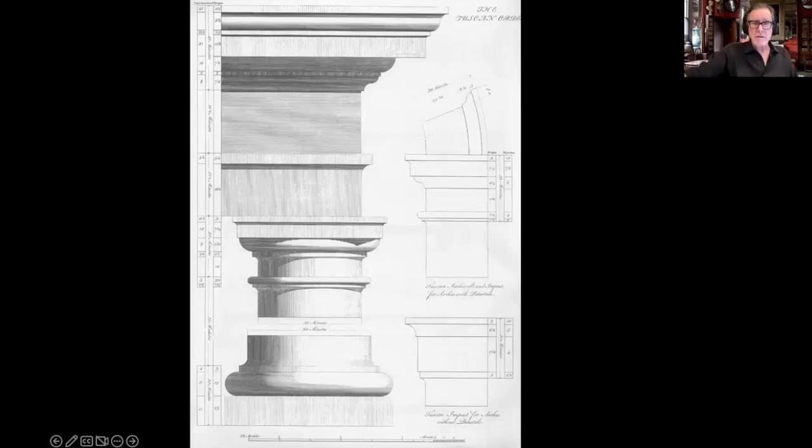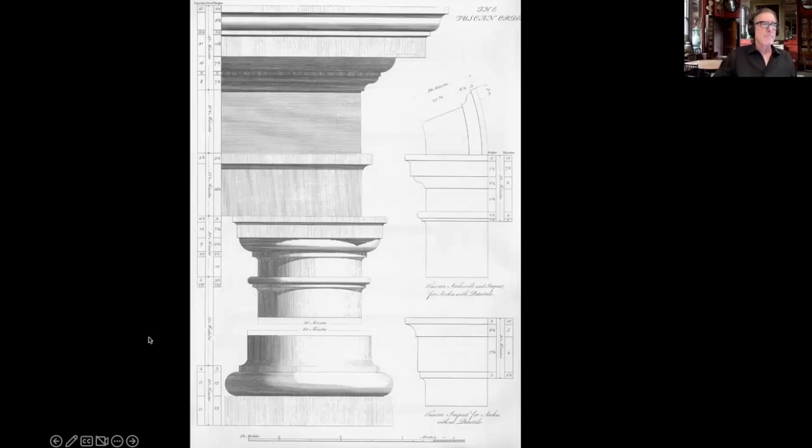Here's a plate showing the column and entablature of the Tuscan order, and this is from William Chambers from his treatise on the decorative part of civil architecture. The book is filled with wonderful plates like this that are very informative.